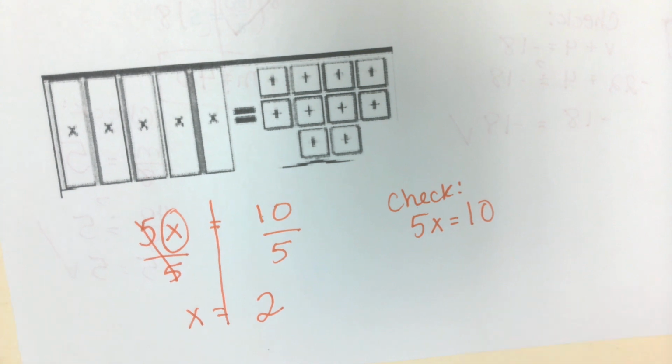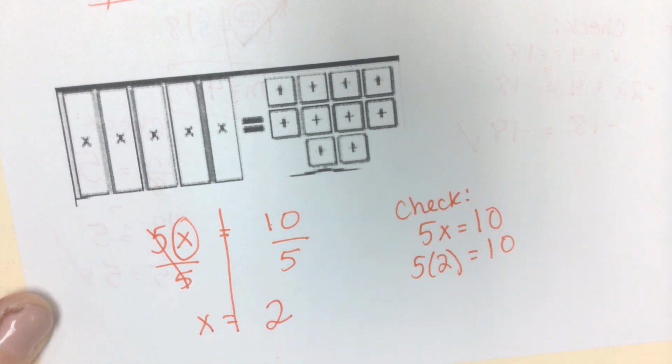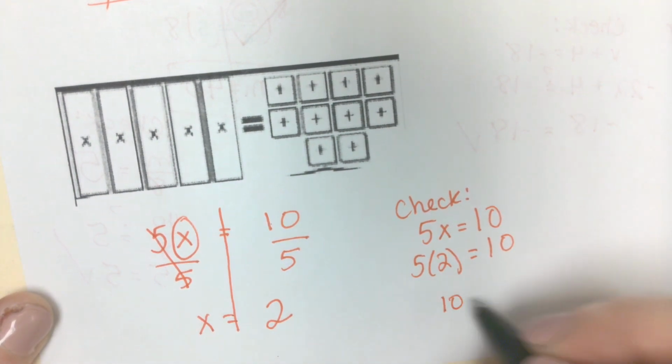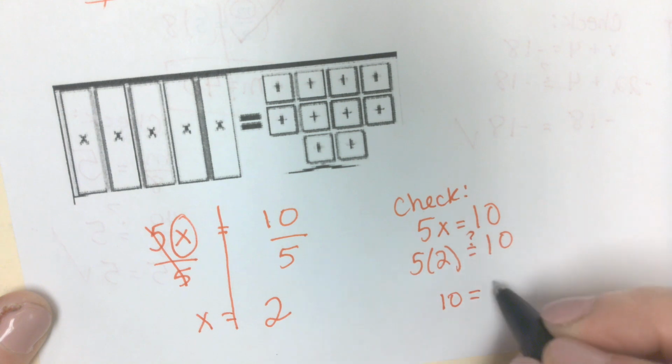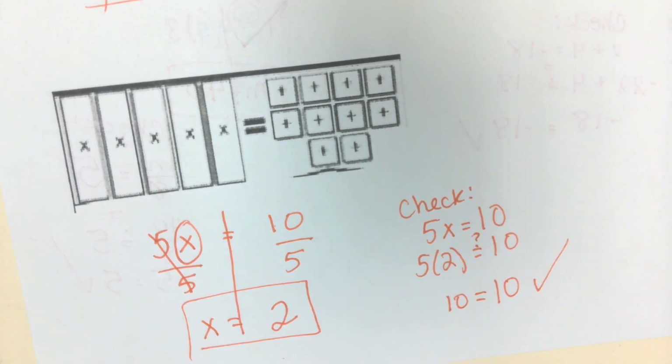Substitute it in, see if that is true. 5 times 2 is 10. 10 does equal 10, so x equals 2 is our solution. You're going to use these examples to help you do the assignment.